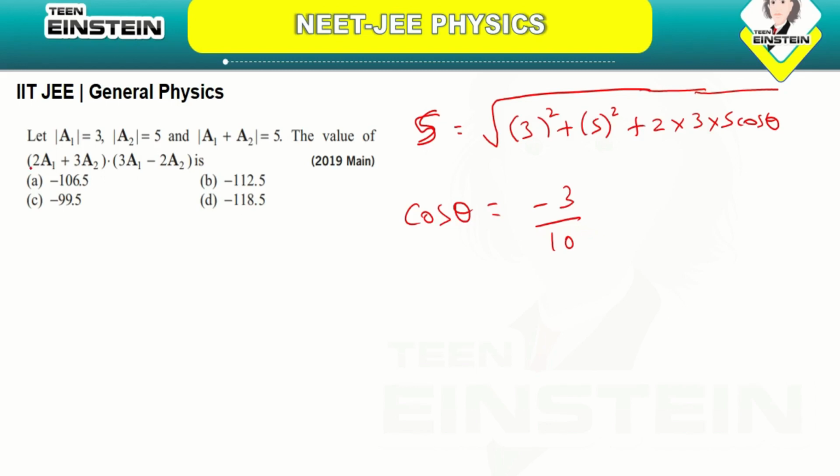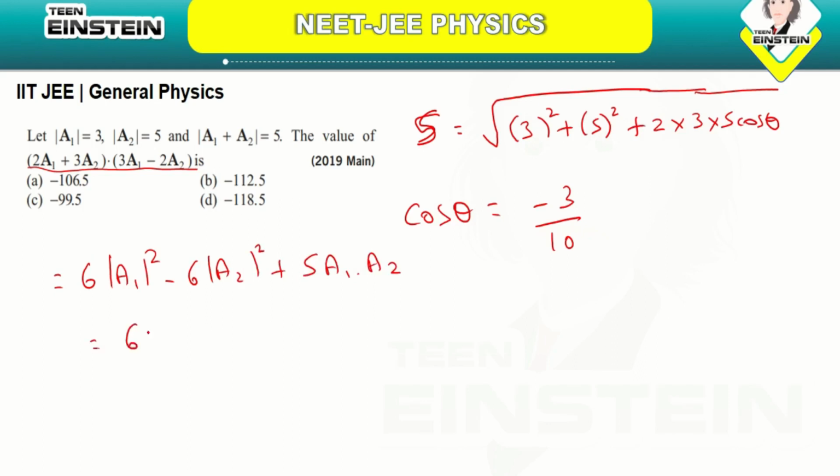Now they want us to find out the value of 2a1 plus 3a2 dot 3a1 minus 2a2. So if you solve this, you will get 6 a1 square minus 6 a2 square plus 5 a1 dot a2.